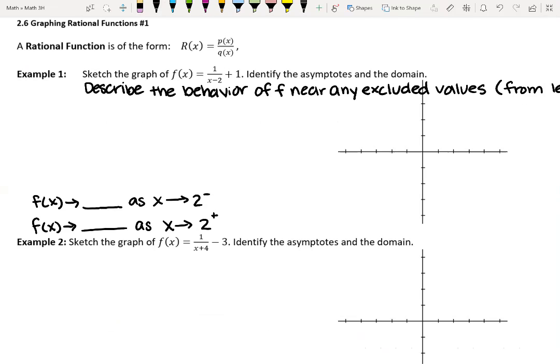Just reaching back to a couple weeks ago, we had a parent function for 1 over x. So I'll just draw that off to the side here. This function had an asymptote on the x-axis, and it had an asymptote on the y-axis.